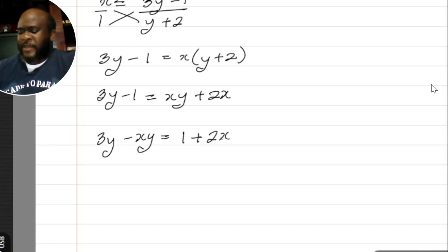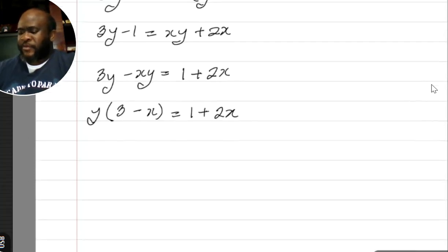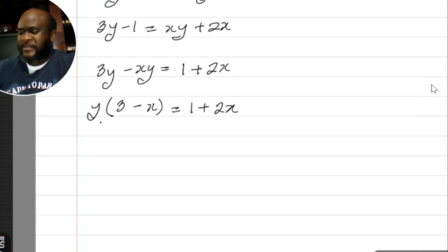On the left, y is common, so I'm going to factor out the y. Y into 3y is 3, y into xy is x, and this is equal to 1 plus 2x. Divide both sides by 3 minus x.